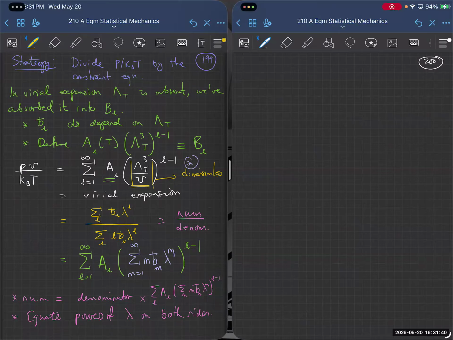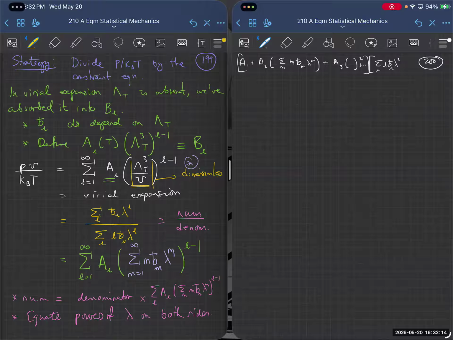I will write it out for you, and then I will just tell you the answer. So what you get, if you do that, is A1 plus A2 times the sum of m b_m over lambda to the m, plus A3 times the sum squared, times the sum over L of b_L over lambda to the L, and that is then equal to the sum over, let's say, k equals 1 to infinity, of b_k lambda to the k.